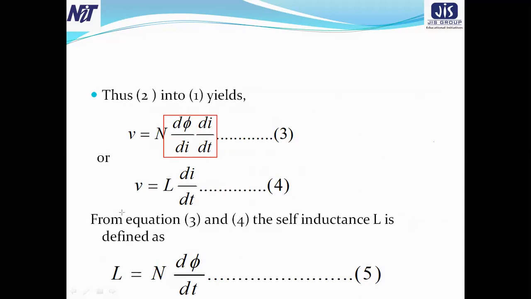Why L? Because we know that L equals N d phi di. So we are just replacing L with N d phi di. So, V equals N into d phi di into di dt. So back to the previous slide.